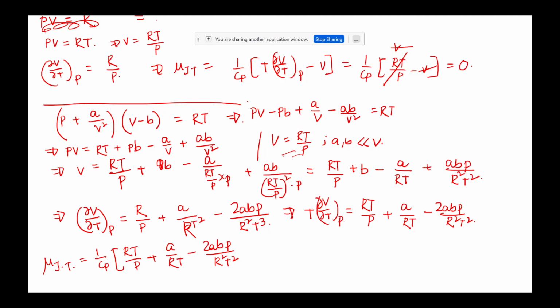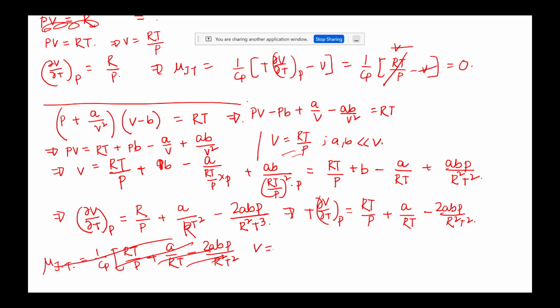Now this R by P can be written in terms of V also. This will come in a nice expression, so let's do that first.